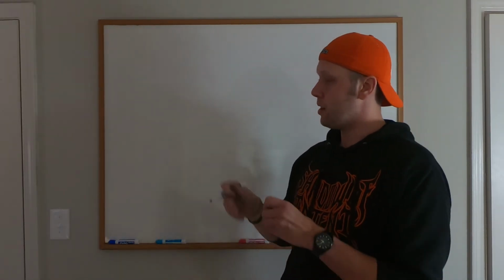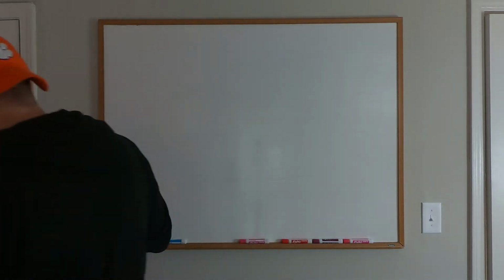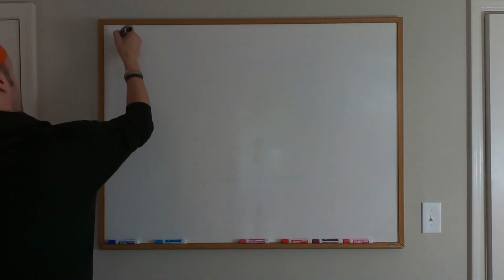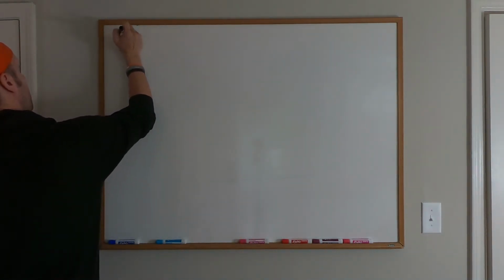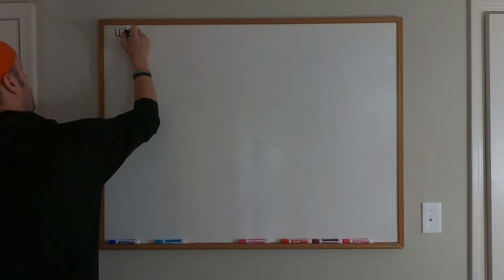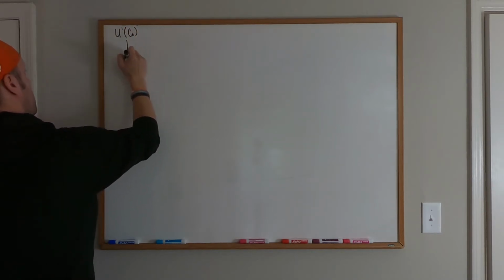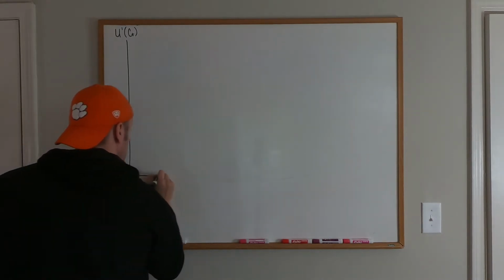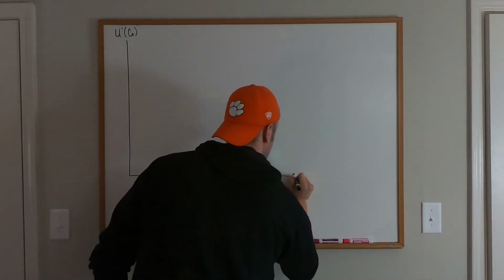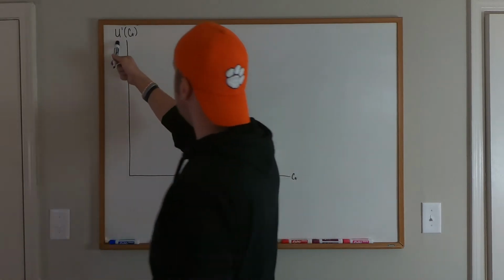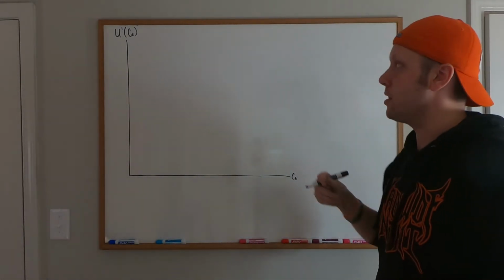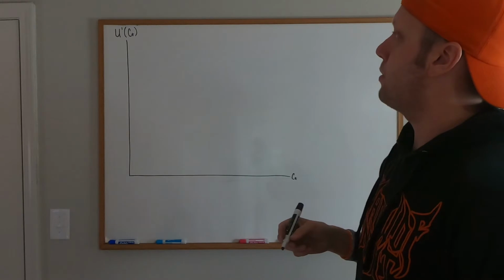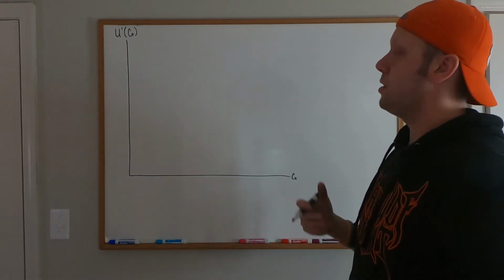But what we're really looking at, what we're more concerned with, I guess, would be what's going on at the margin. So we look at marginal utility. So instead of having u of CT, utility at the level, instead we have u prime of CT, utility at the margin.